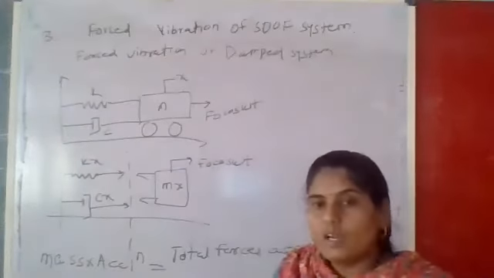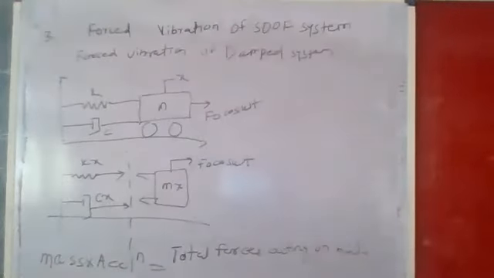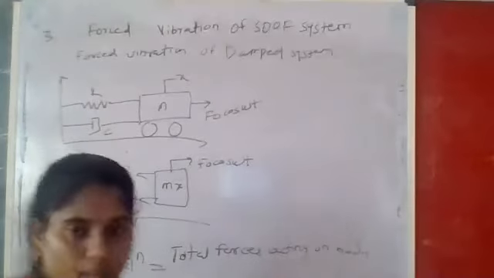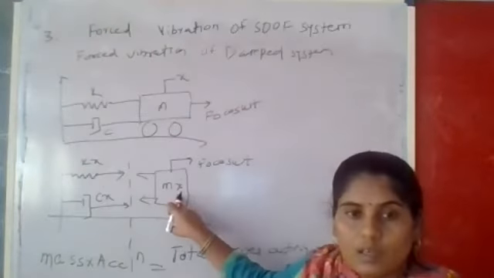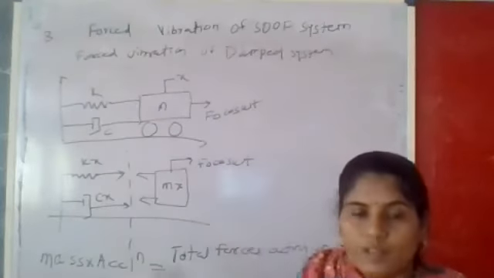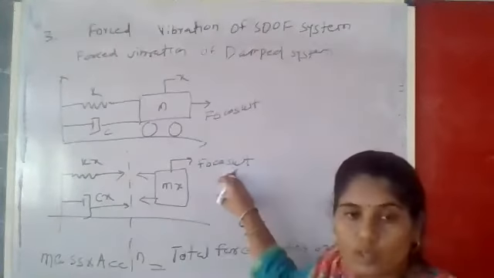In the free body diagram, Kx is the spring force, Cx dot is the damping force, Mx double dot is the inertia force, and F naught cos omega t is the forcing, where omega is the forced frequency.